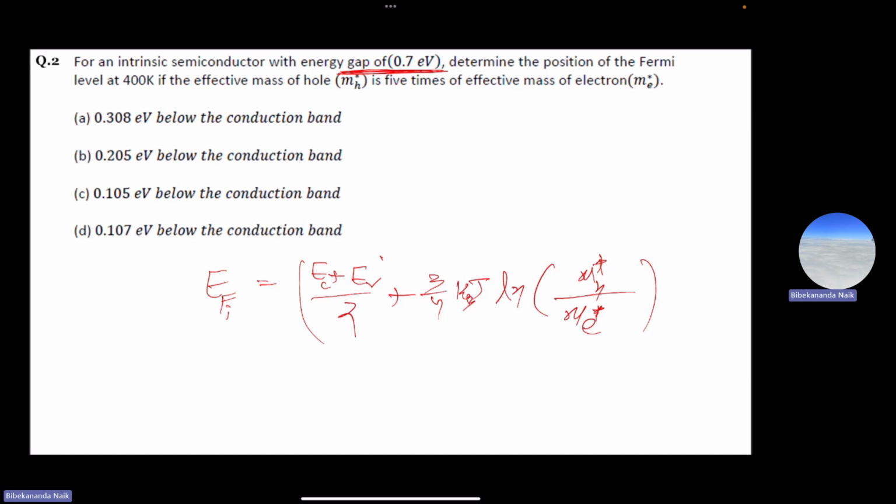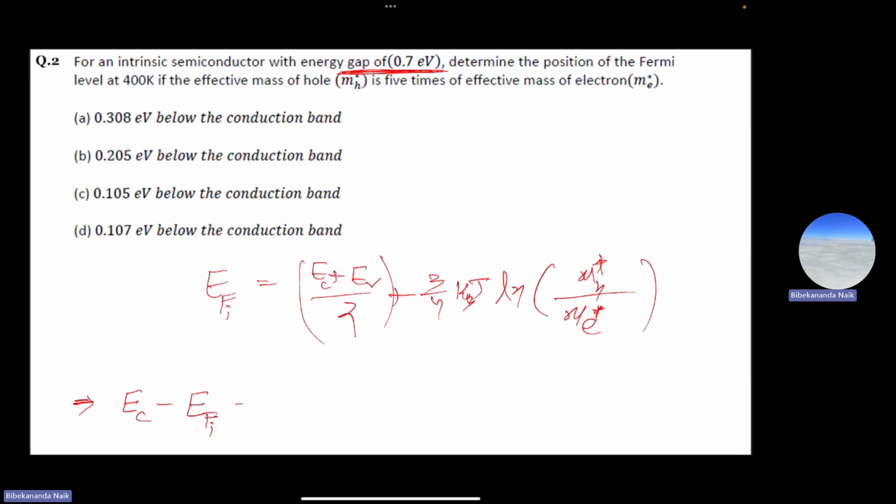Here if you see, all the options are given in terms of the level with respect to the conduction band. So 0.308, 0.205, 0.105 or 0.107, all these are below the conduction band. So we can take the LHS as EC minus EFI. So whatever the answer comes, it will be below the conduction band.